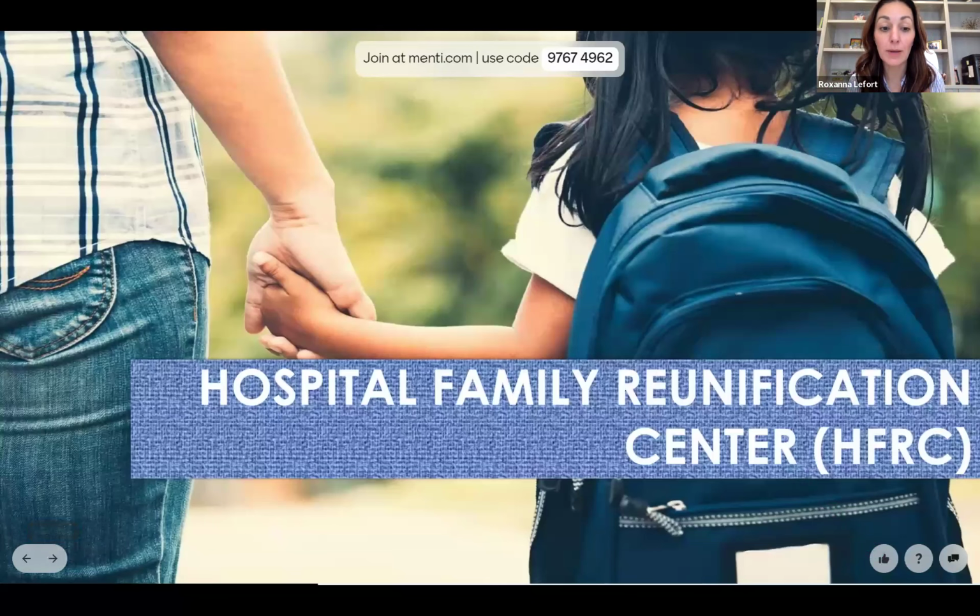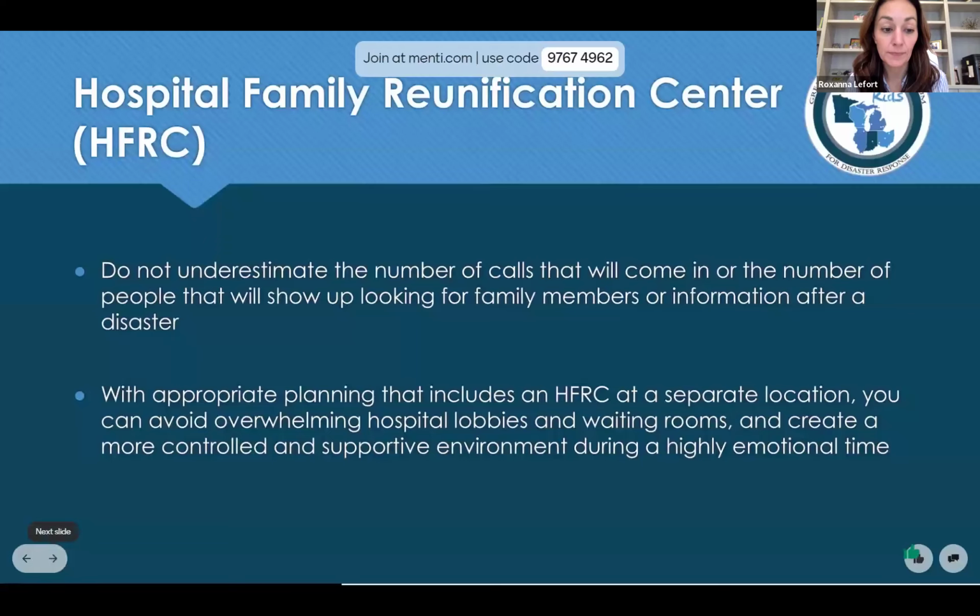Okay, so first let's talk about that Hospital Family Reunification Center. Do not underestimate the number of calls and the people that will come in when they have heard that there's been an incident, especially when there's public information about it.